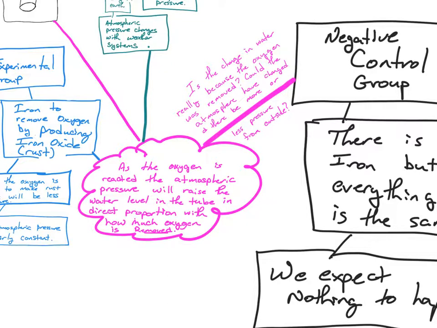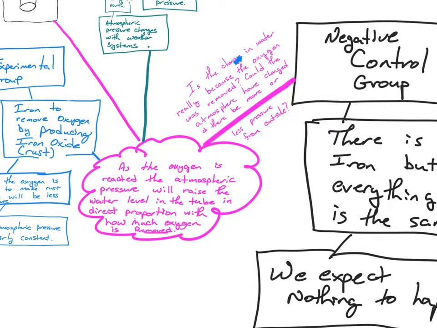We can make some reasonable statements, and our reasoning is that as the oxygen is reacted, the atmospheric pressure will raise the water level in the tube in direct proportion with how much oxygen is removed. So that's our reasoning. This is how we're going to come up with our statement. Our statement's going to be whatever percent oxygen we think is in the atmosphere. But our reasoning to how we got to that percent is right here.